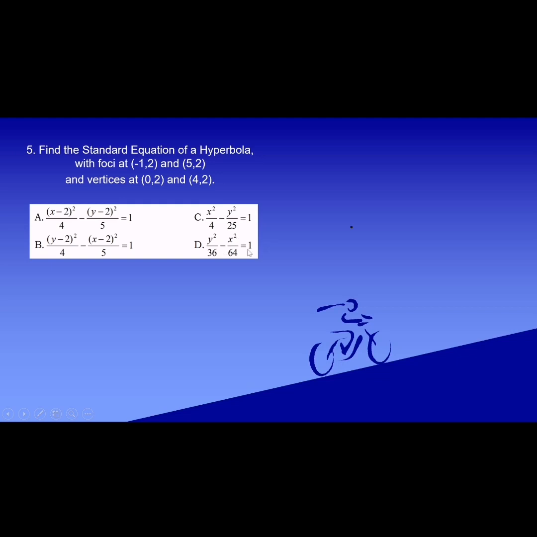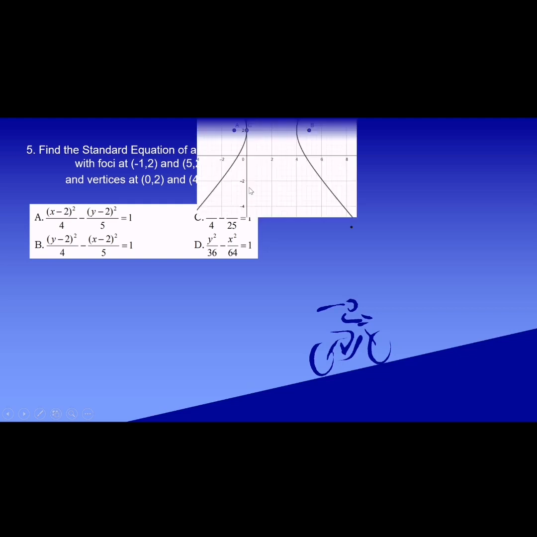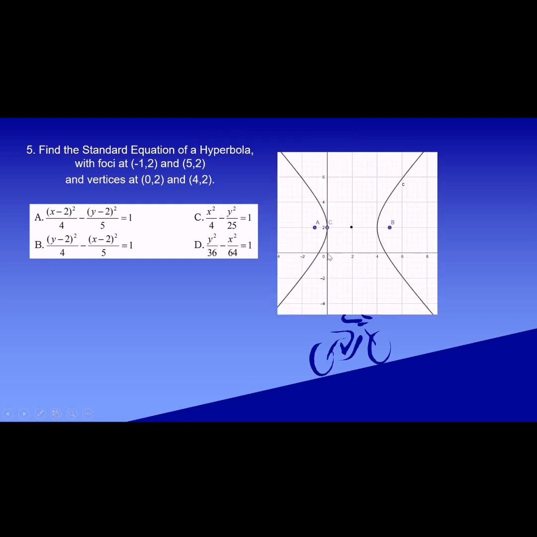Bago niyan, we're going to plot on the graph all the points here. So (-1, 2), so belong in the second quadrant, and (5, 2), here is the point that is one of the foci, F2. Then the vertices, so V sub 2, yan, nauna yung V sub 2, and the V sub 1, (0, 2).